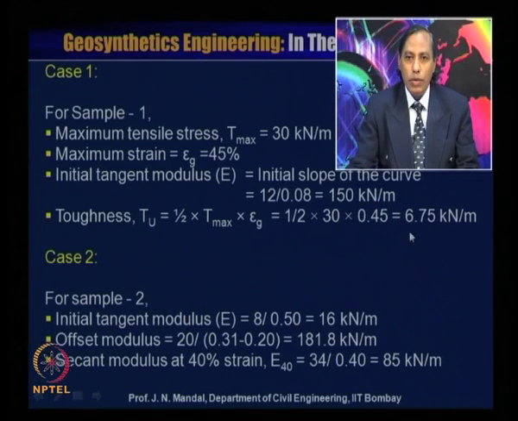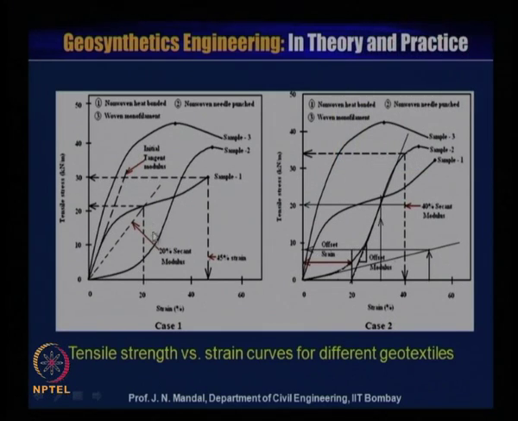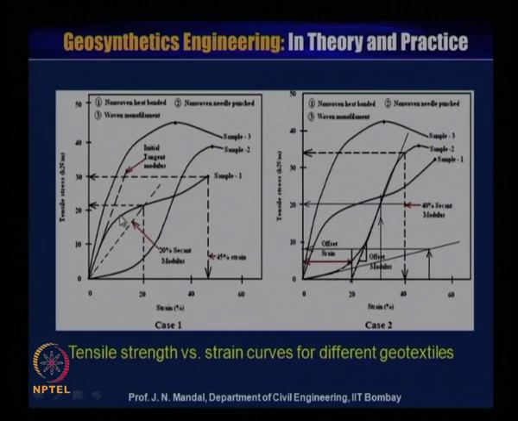So, this is equal to 6.75 kilonewton per meter. So, from case 1 for sample number 1, we observe how you can calculate the secant modulus, the maximum tensile strength, and also the maximum strain value.